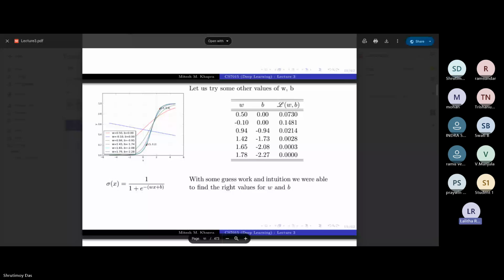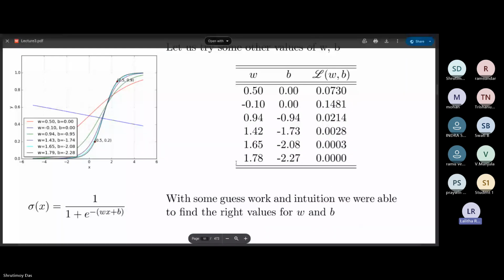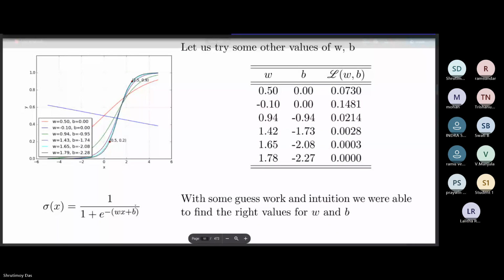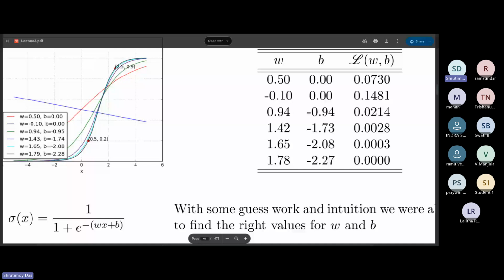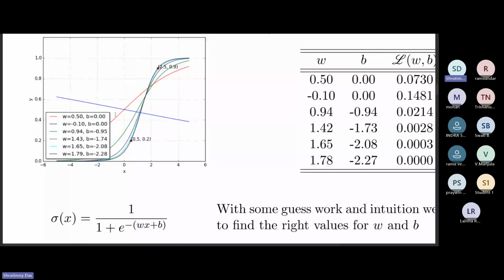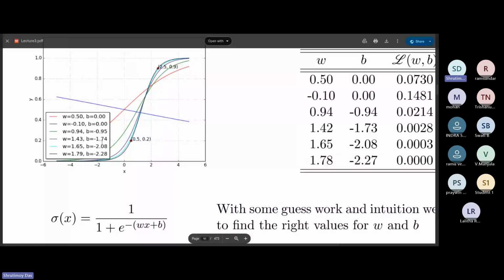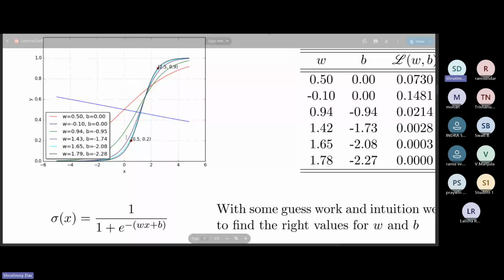Can you just zoom in? The legend of that graph is not seen. Yeah, so it is something like this. This one is for beta zero, and as beta decreases, this is the smallest beta, minus 2.28, and this curve goes more towards the right.